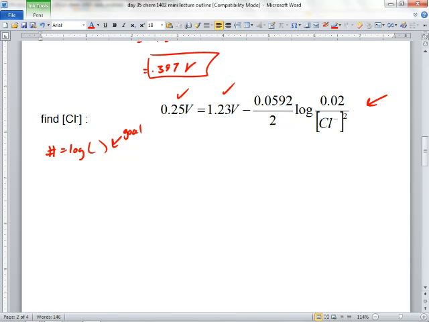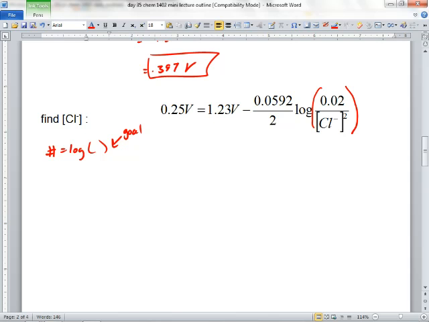Jose, what would you do first? Well, the 0.02 is inside the log. We can't mess with it until the very end, after we raise both sides to the 10 power. Anybody have another suggestion? The 1.23. I see that too.